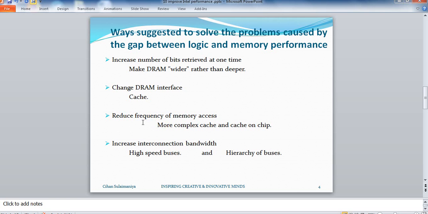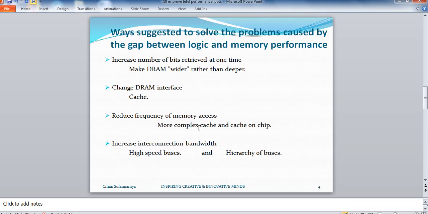So one way is to reduce the frequency of memory access, but this requires more money because it needs a more complex cache and cache on chip. So it is a very new technique, more complex, and that will cost more money. But it will solve the problem of this gap.